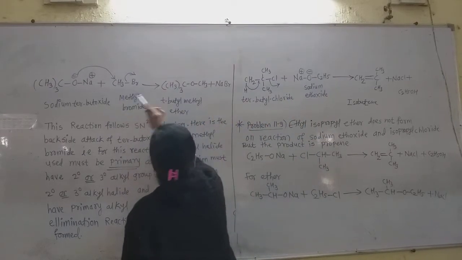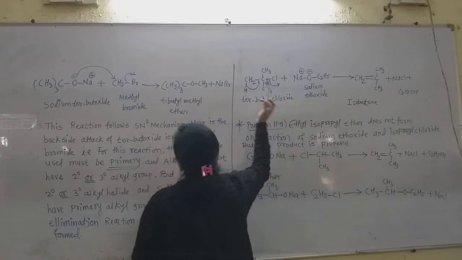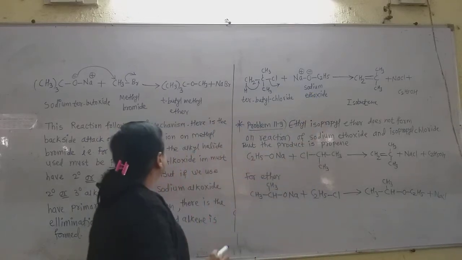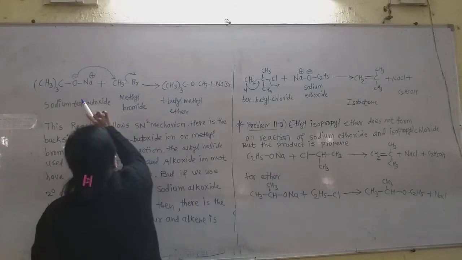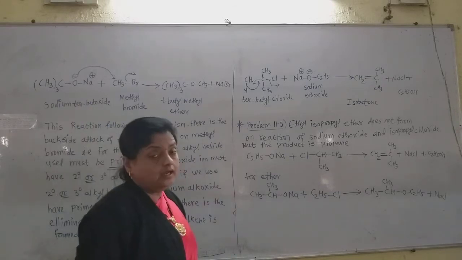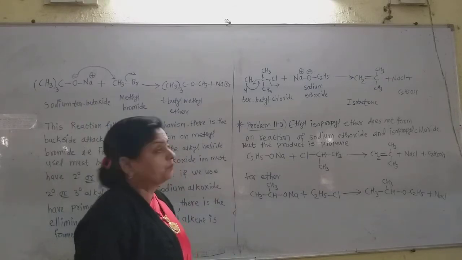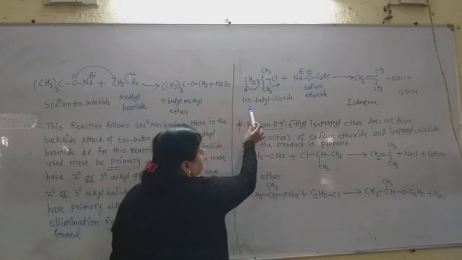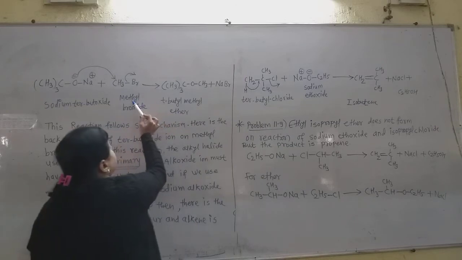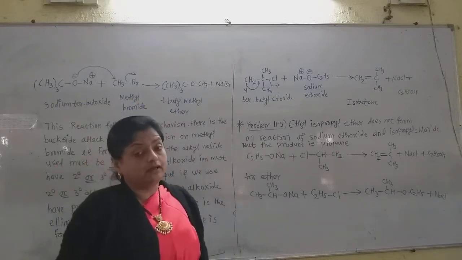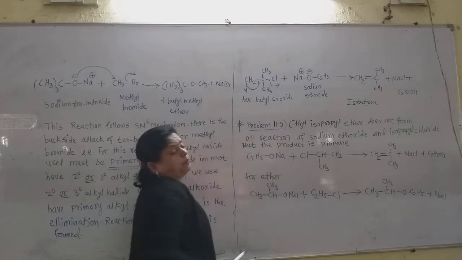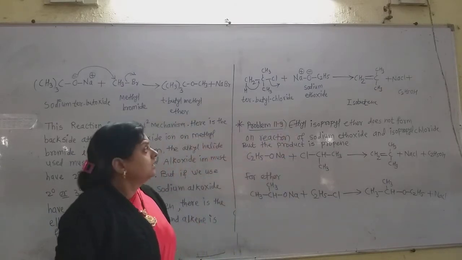I have only changed the reagents: earlier the sodium alkoxide had the tertiary group and the alkyl halide was primary, and now the alkyl halide is tertiary and the alkoxide is primary.